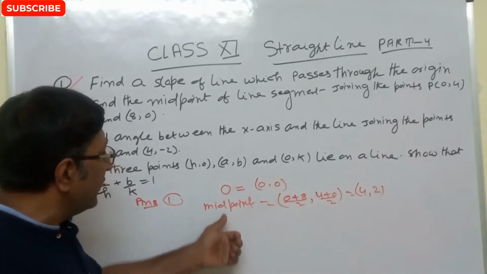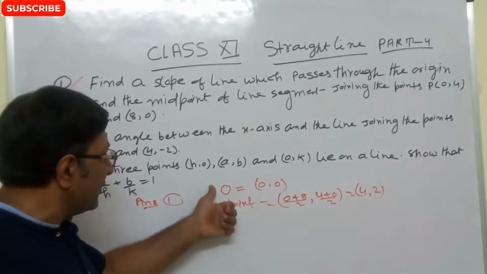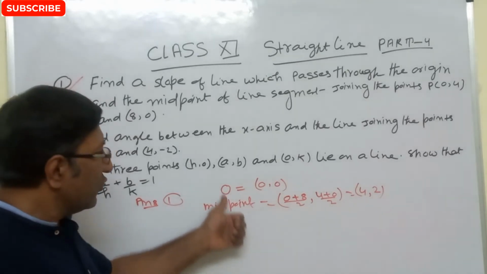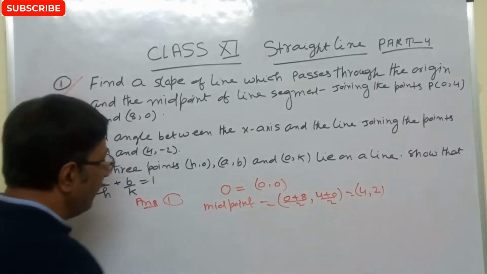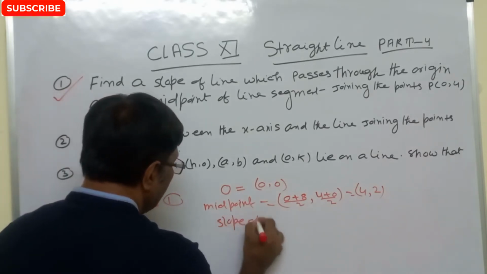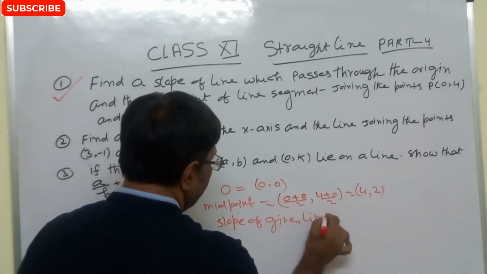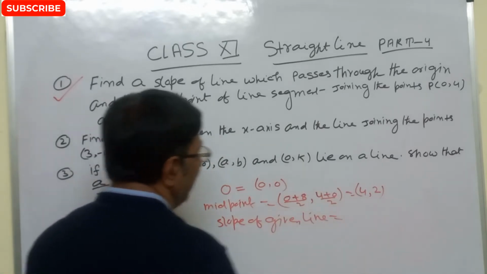Now we have to find slope of a line which passes through 0, origin and the midpoint. So slope of this line will be what? See here. Slope of given line will be what?